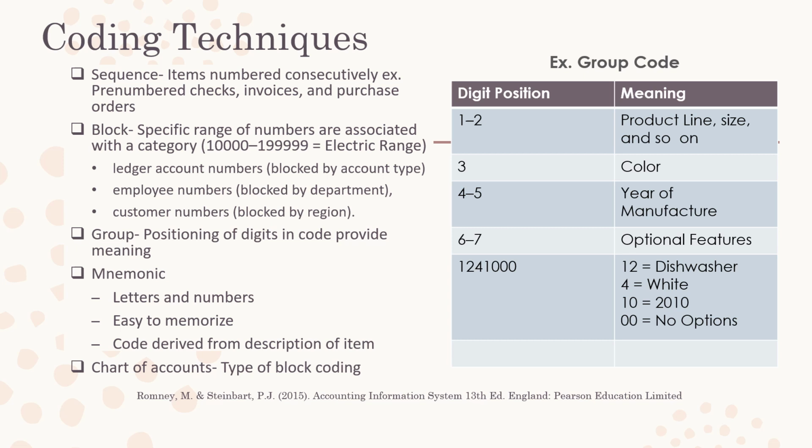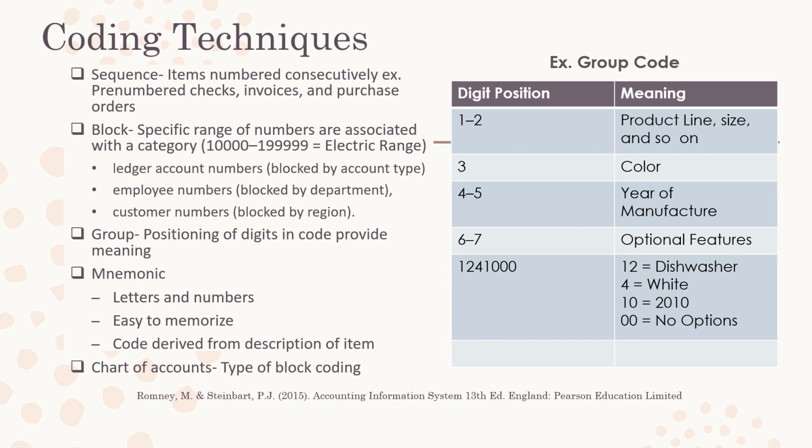The user can identify an item type and model using the code numbers. Other examples include ledger accounts, which are blocked by account type, employees, which are blocked by department, and customer numbers, which are blocked by region. So that's block coding.